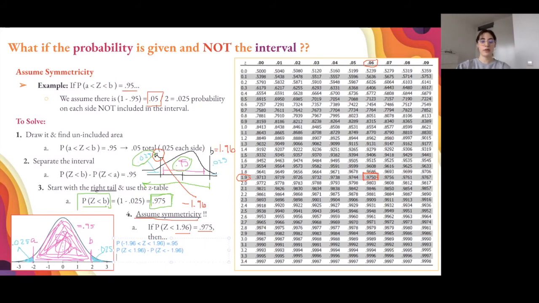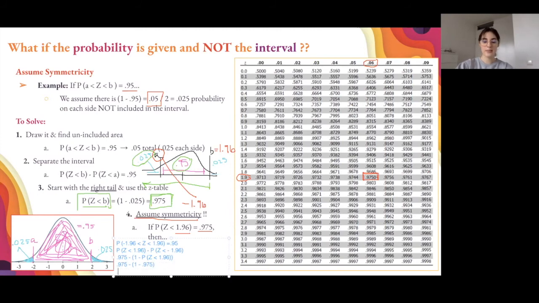Then from there, the probability that z is less than 1.96 is 0.975, like we just found, minus, and remember this is a negative value, so this becomes z is greater than 1.96, so we have to take 1 minus the probability that z is less than 1.96, and that equals 0.975, and 1 minus 0.975.